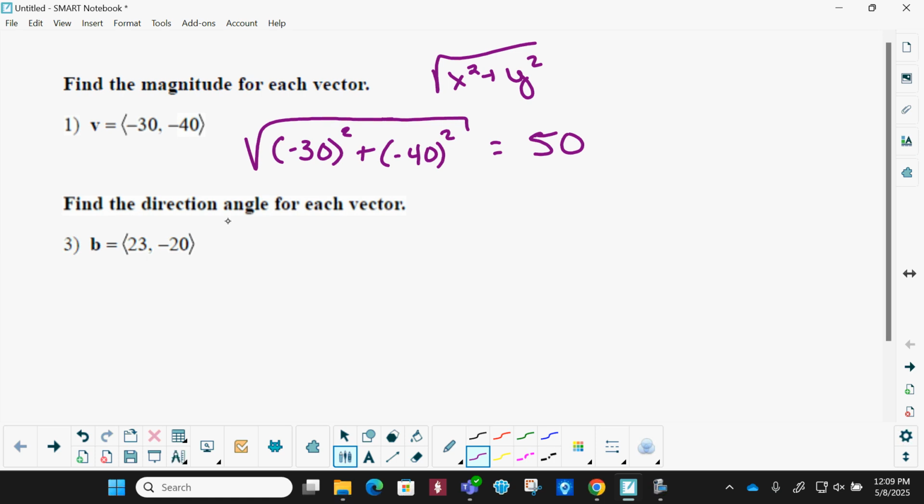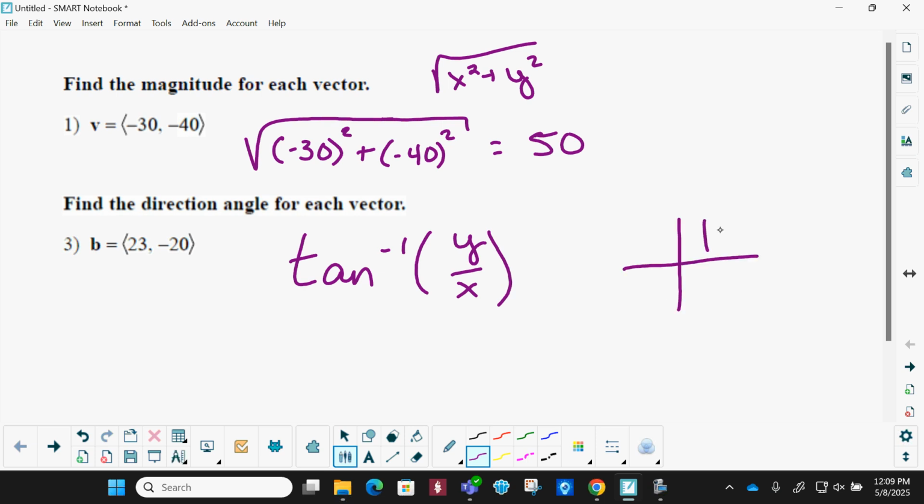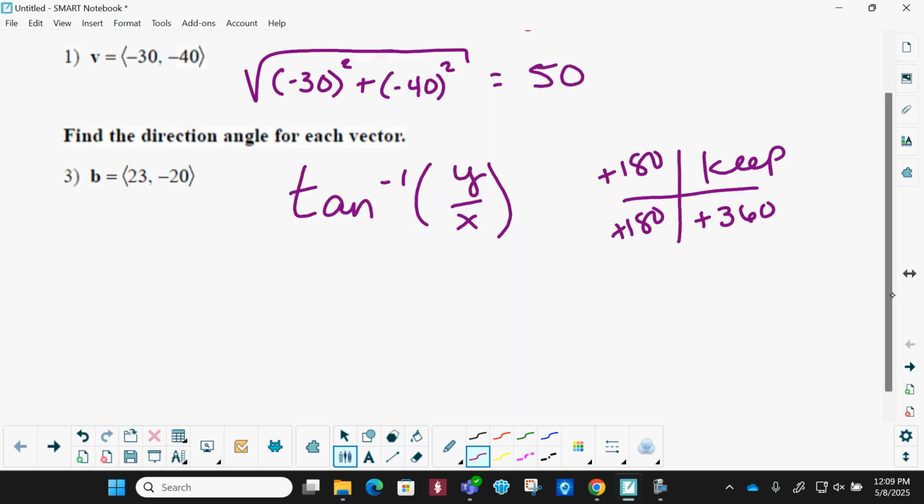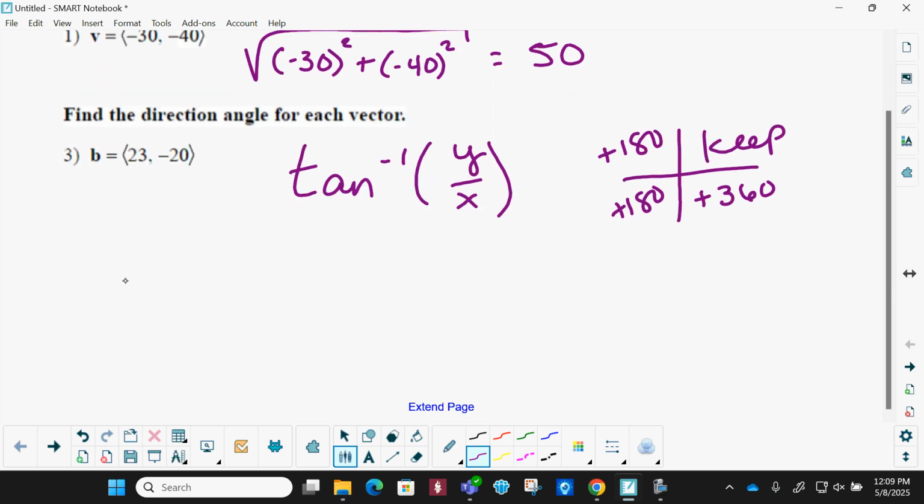So here, direction angle, we have this formula, inverse tangent of y over x. Now, we also have to keep in mind, here in quadrant 1, we do nothing. We add 180 for quadrants 2 and 3, and then quadrant 4 is 360. So here we go, inverse tangent, y over x.